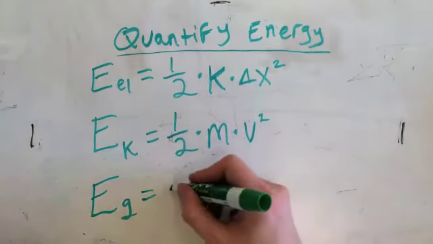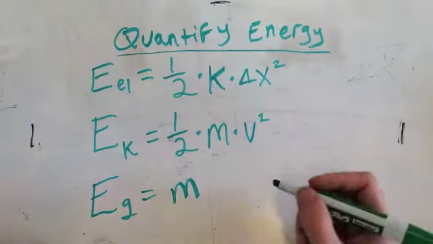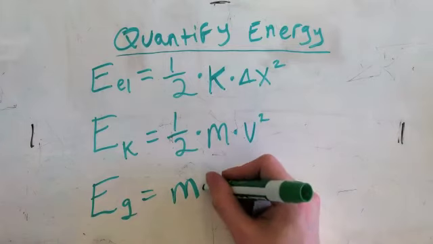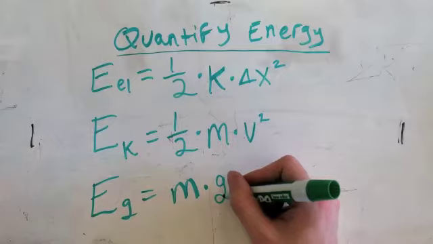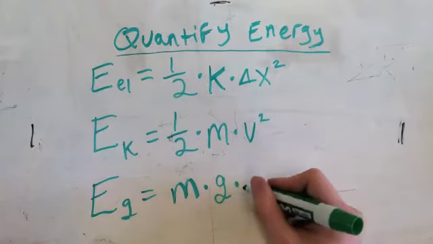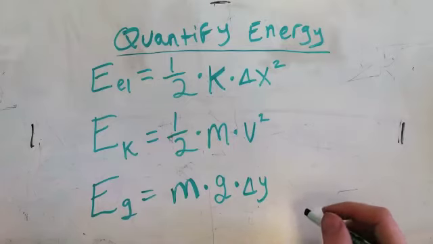Finally, we have one more equation, and that's the equation for gravitational potential energy. Here, it turns out that, again, mass is a factor in how much gravitational potential energy an object has. This gets multiplied by this factor that we call g, which I'll talk about in a second, and how high vertically something has been displaced.